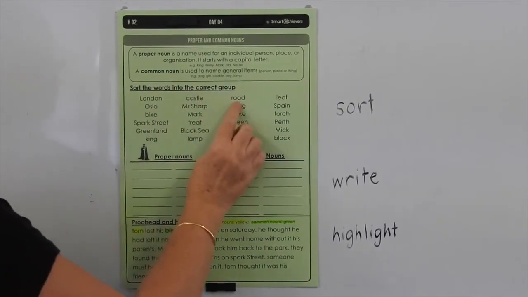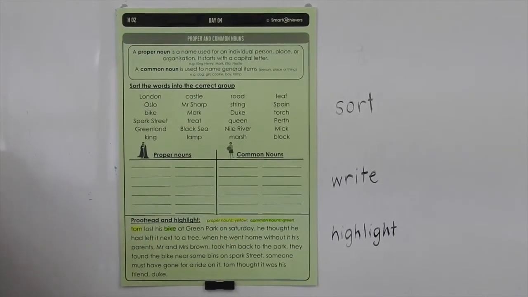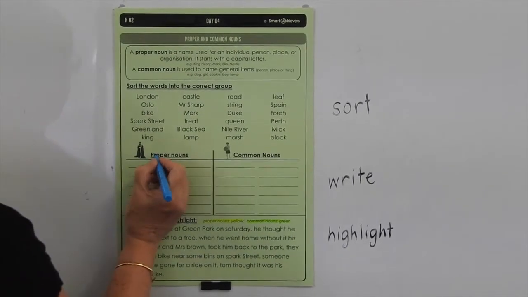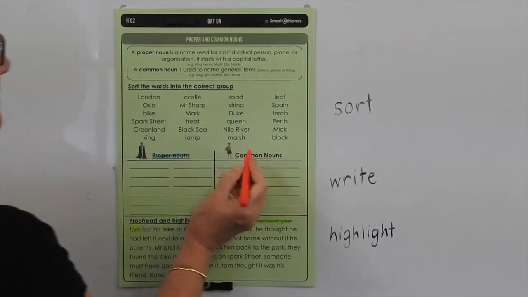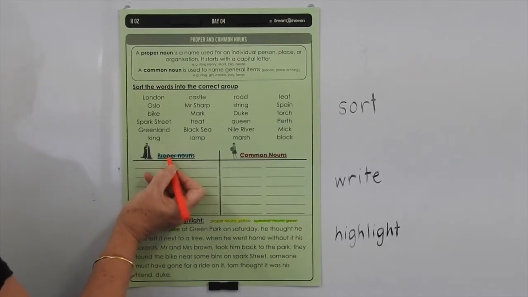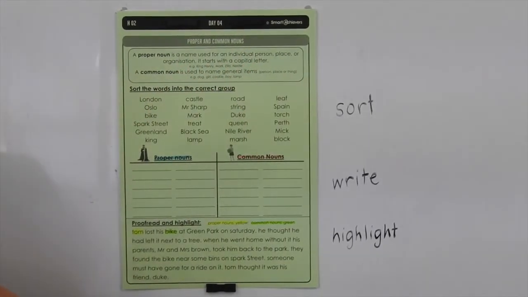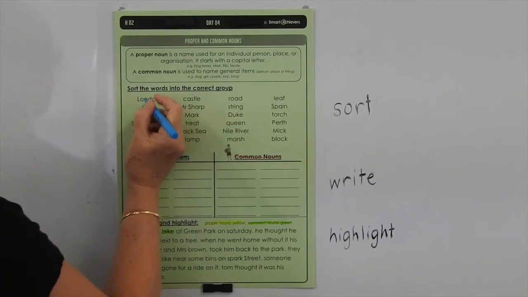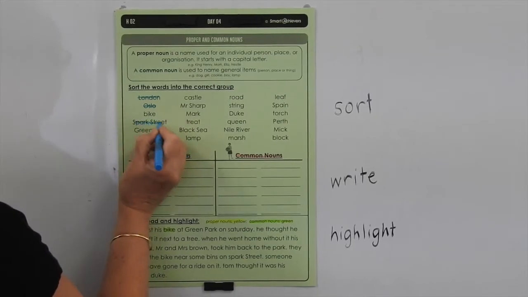So the easiest way for you to sort these into the correct group would be to do one colour for proper nouns and one colour for common nouns. So you could go through the groups. Now you know a proper noun, it always starts with a capital letter. So you could go through and highlight all the ones blue that start with a capital letter.